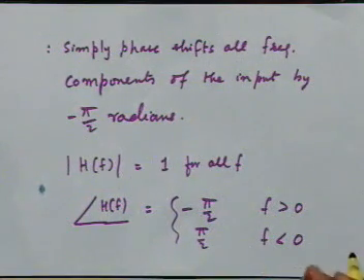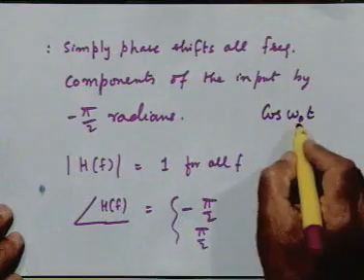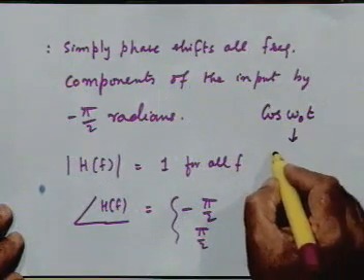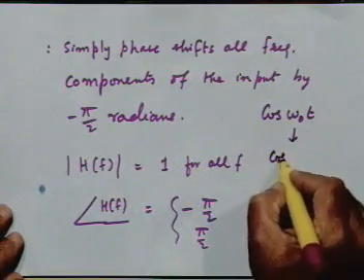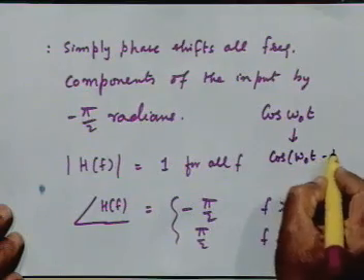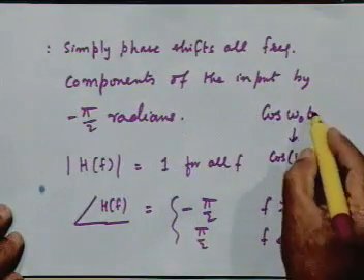But the real signal, so for example, if it's a cosine wave, cosine omega naught t, what will happen to this? It will become cosine of omega naught t minus pi by 2. Now look at the spectrum of this.